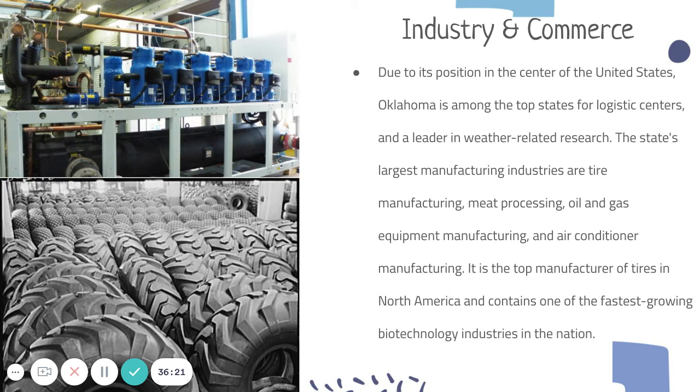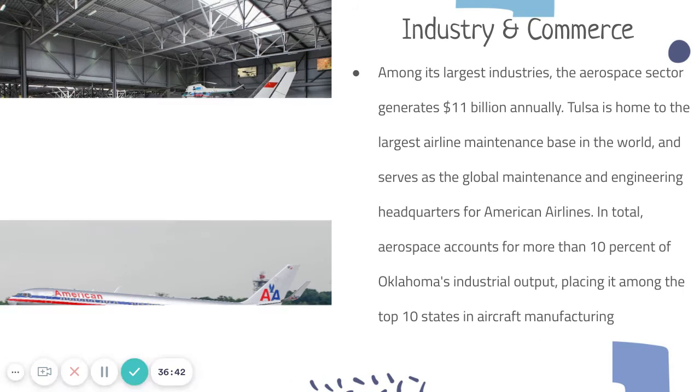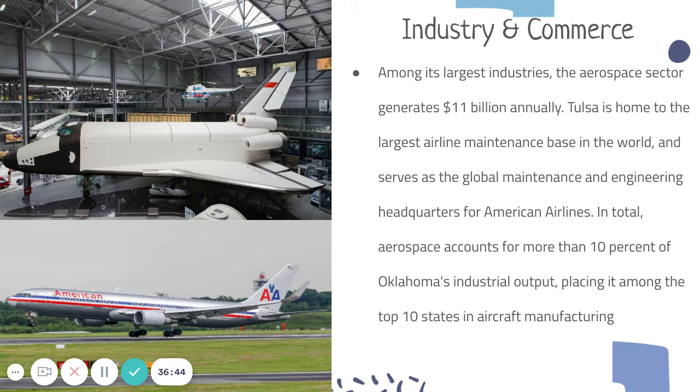And so Oklahoma is taking these tires and refining them and producing a large quantity for all of North America. And so we see that Oklahoma is benefiting our nation. It's benefiting the world. It's benefiting our continent. But it doesn't just stop there.